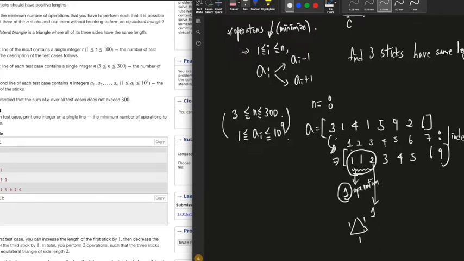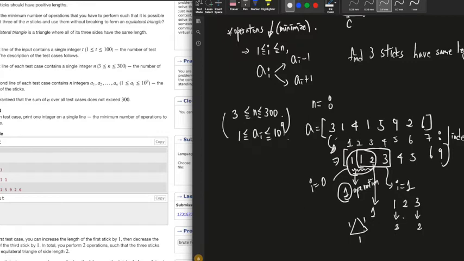So it was the first trial, when I is equal to 0, and for the second, when I is equal to 1, we have 1, 2, 3. And since we have to make all the sticks have the same length, this one should be 2, and this one should be 2.